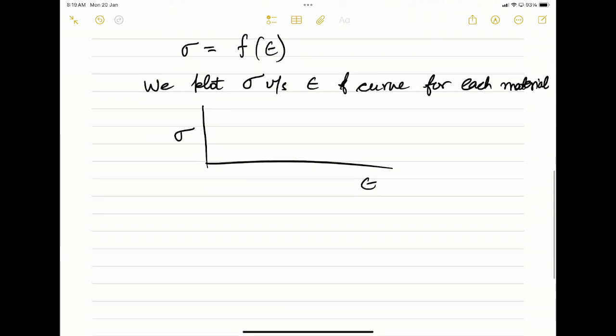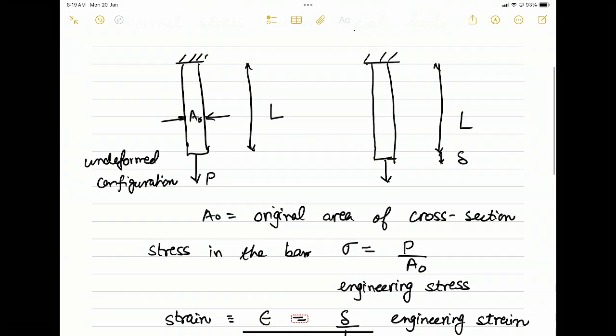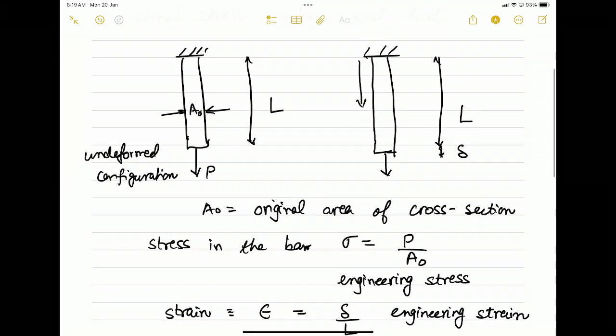Now, does the stress stay the same at each element along the axial length? Let us say this distance is x, does sigma change with x or is it constant? Now, how will we find out?